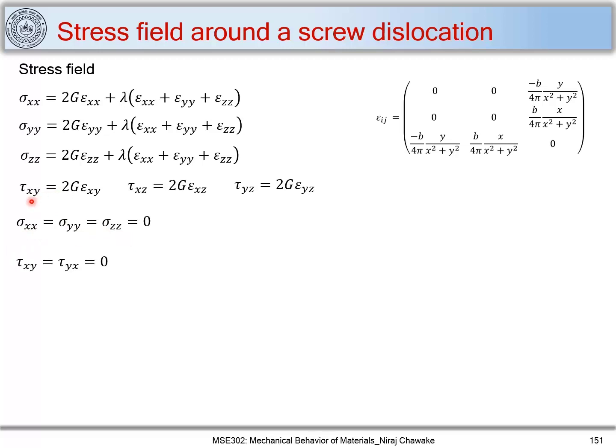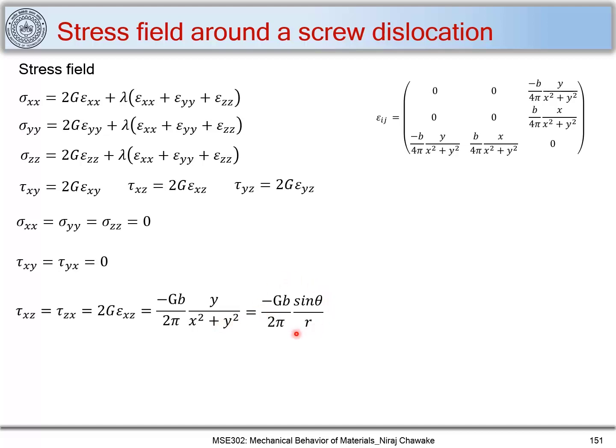Similarly, you can see that tau xy and tau yx turn out to be 0. You are left with tau xz, that is this term, and you can find it out using 2g epsilon xz, where g is shear modulus, and you get tau xz to be minus gb upon 2 pi y upon x square plus y square.